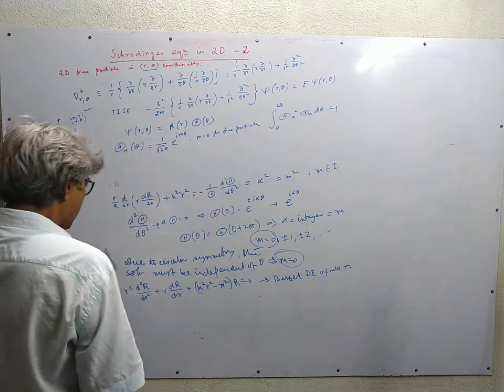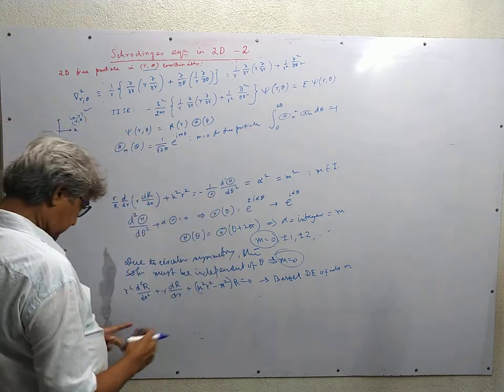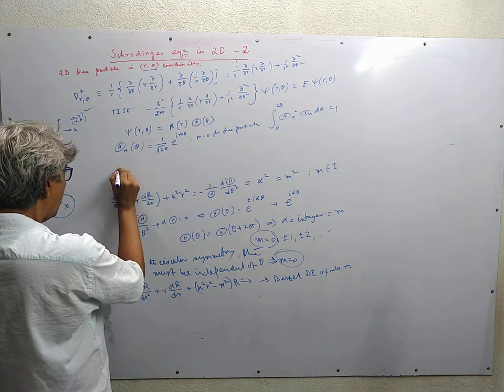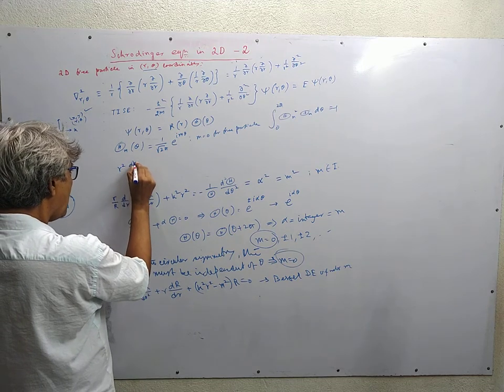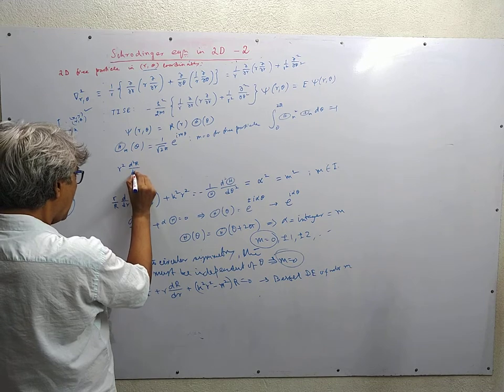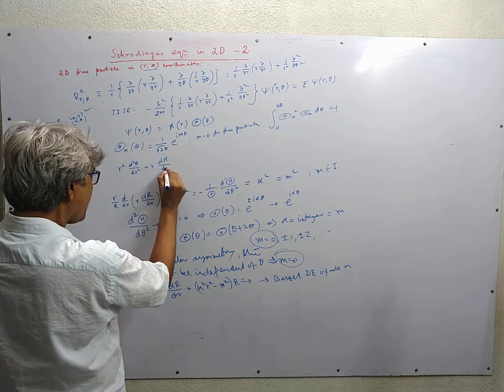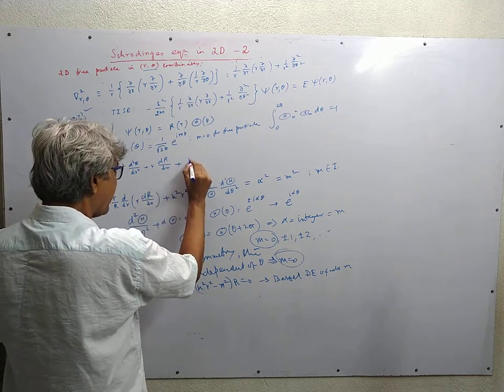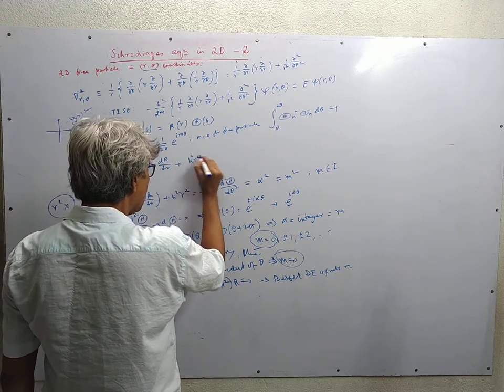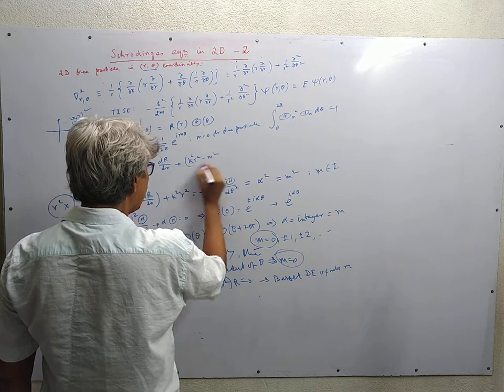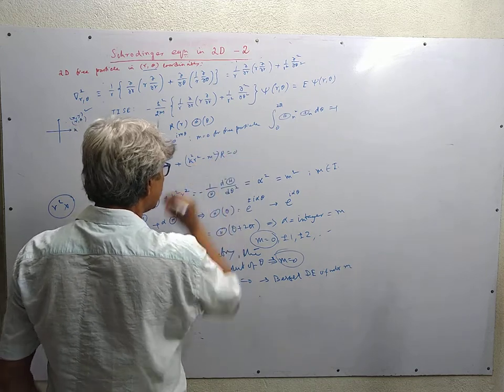Particle, and the R equation becomes r square d2R/dr2 plus r dR/dr plus k square r square minus m square R is equal to 0.